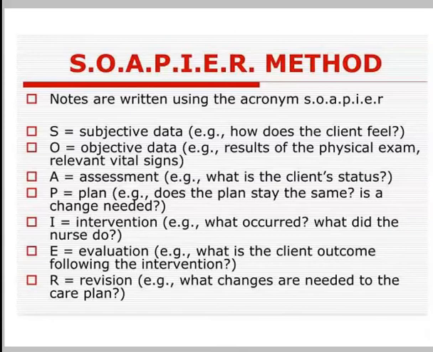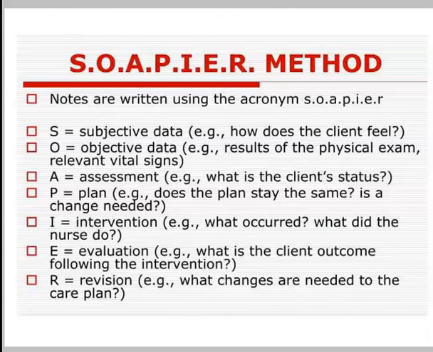The S is the subjective data. The nurse asks the patient about the symptoms and gets the subjective data. O is the objective data. After doing the physical examination, vital signs and clinical examination, we are getting the objective data. A is the assessment.